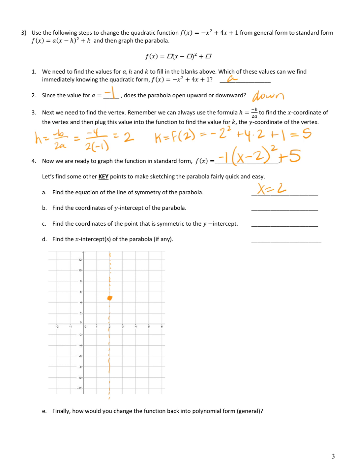Okay, so the y-intercept would be f of 0, which would be -0 squared plus 4 times 0 plus 1, which is 1. So my y-intercept is 1. Now, because this line is an axis of symmetry, this y-intercept has a symmetric point on the other side of the line.